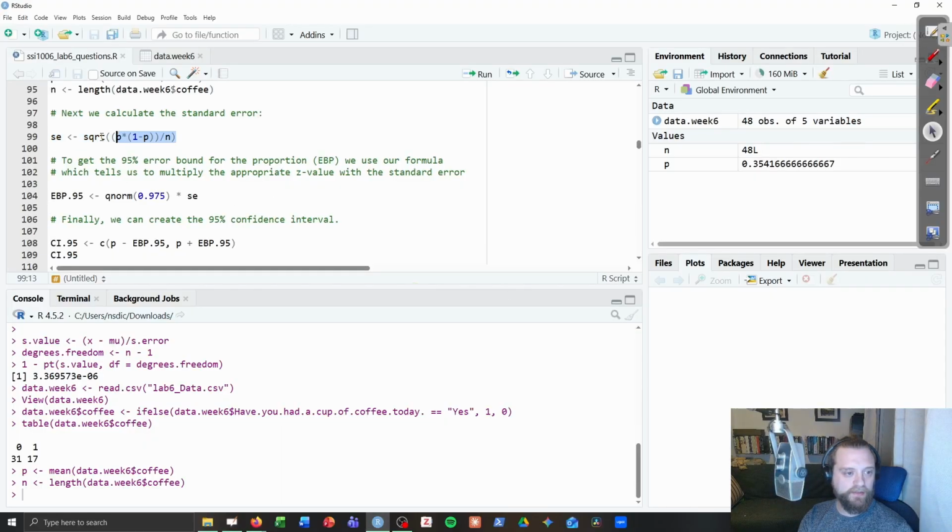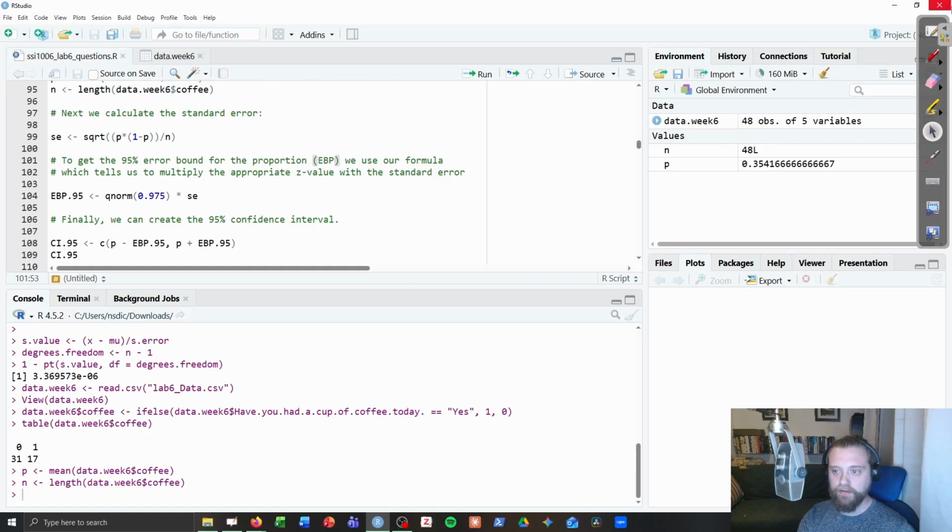Now, to do this, firstly, we're going to calculate the standard error, just like we did before, but this time the formula is p, so 0.35, multiplied by 1 minus p. We then divide that by n, and we take the square root.